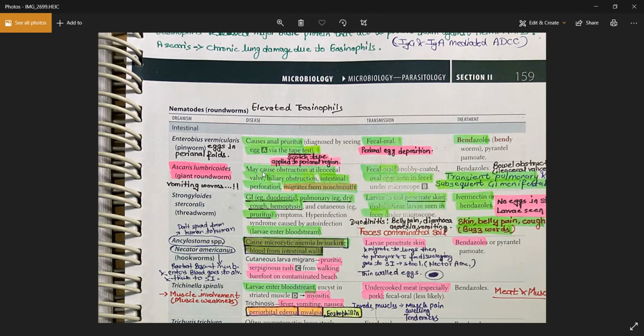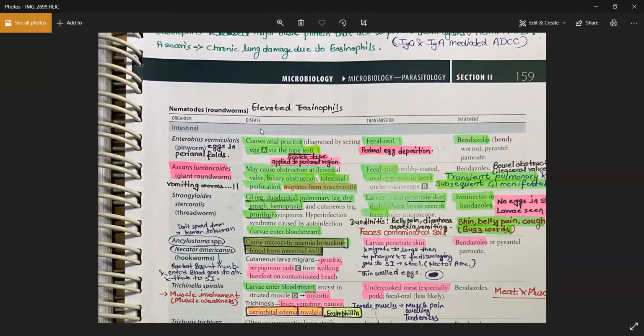So whenever you encounter a patient with a very high eosinophil count, like 4% or 5%, you can immediately know that he has one of the nematode infections. Very important. You also need to know that IgG and IgA take part in ADCC, fighting against the parasites. Whenever you have elevated eosinophils, always suspect nematodes.